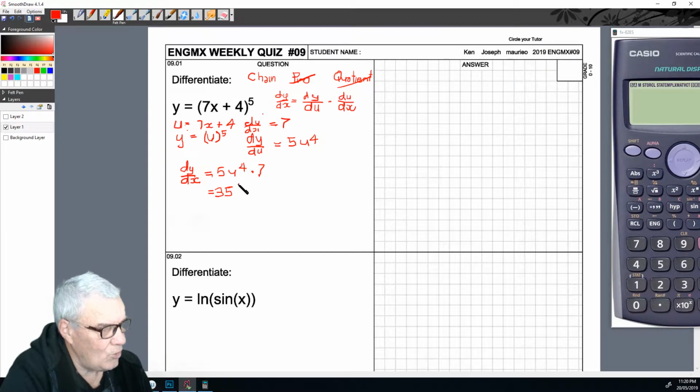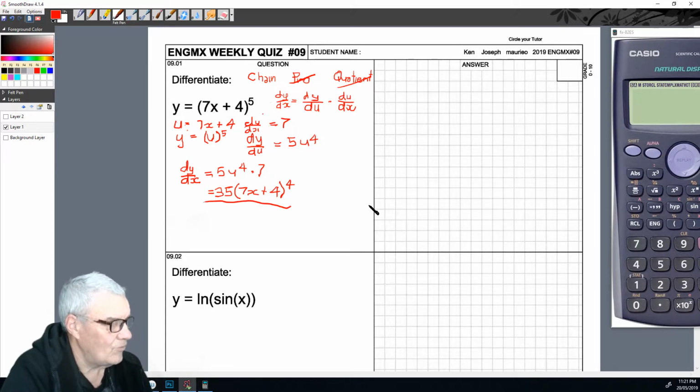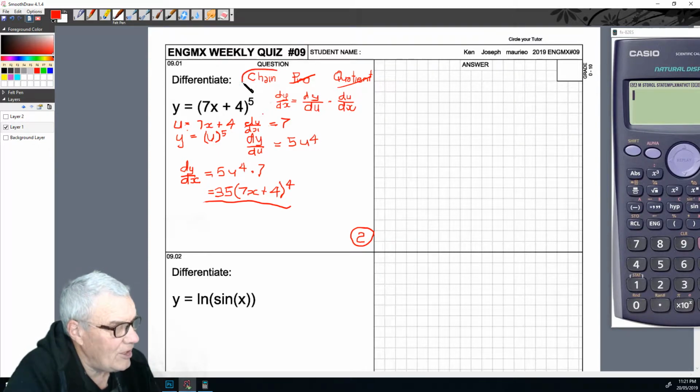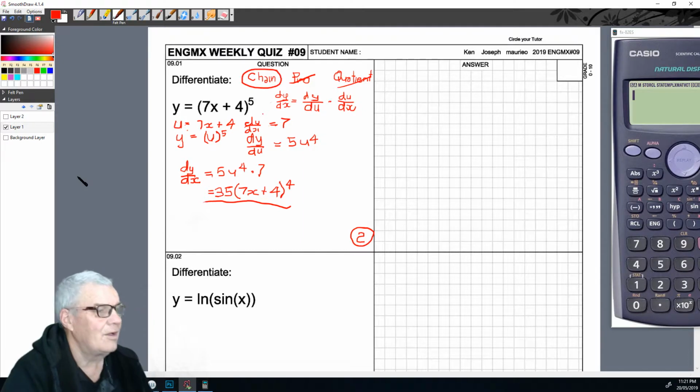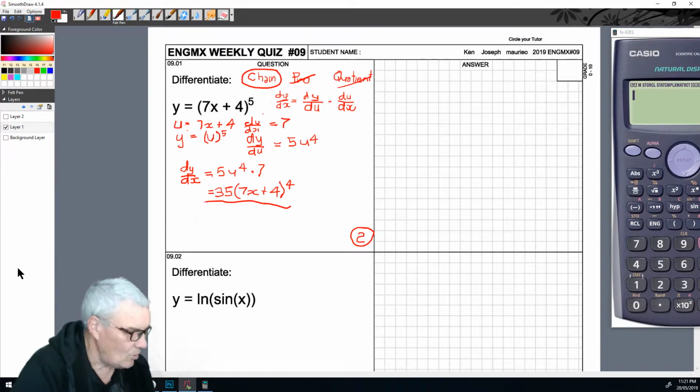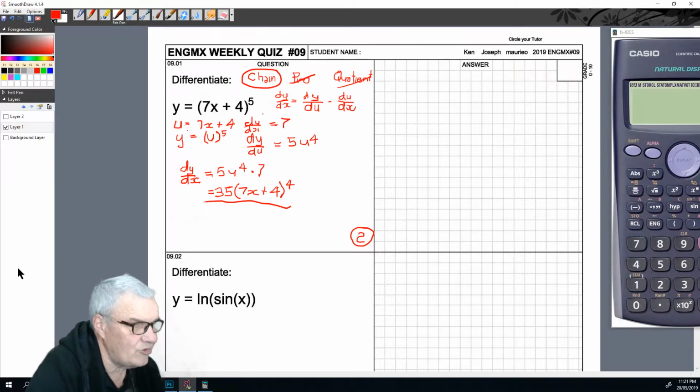Let's put u back, which is 7x plus 4, to the power of 4. That's my answer, 2 marks. In this case I used the chain rule. All right, moving right along to question 2.